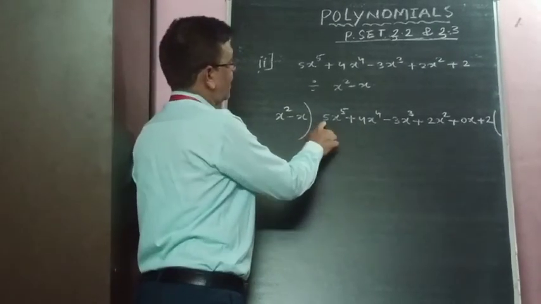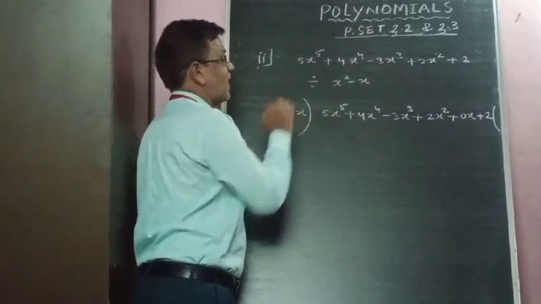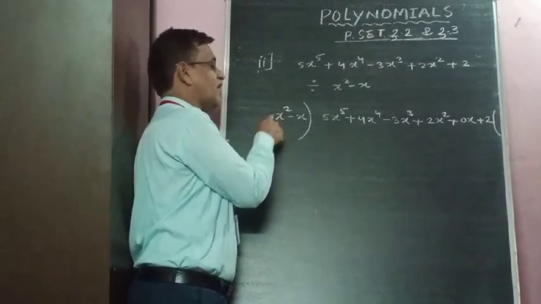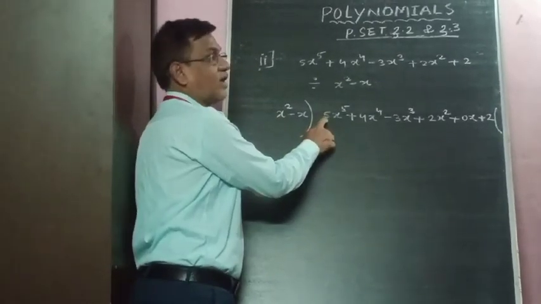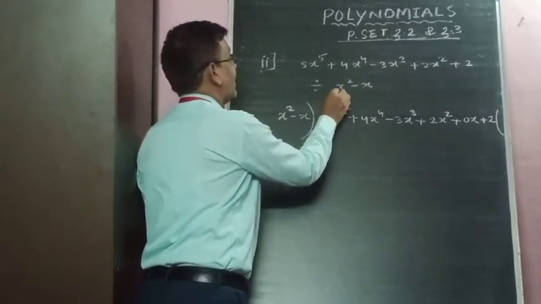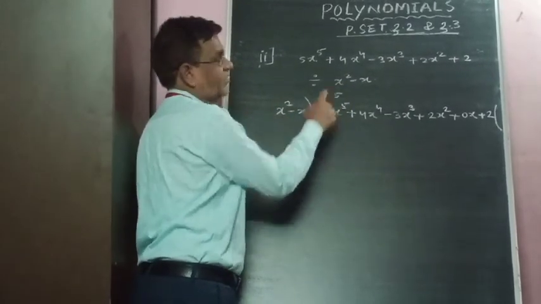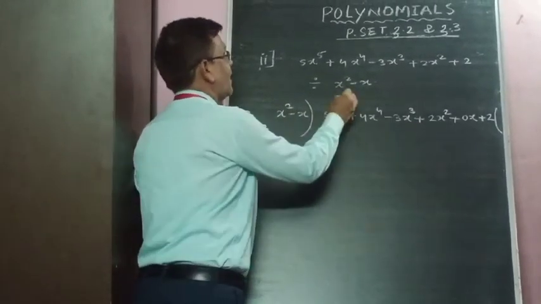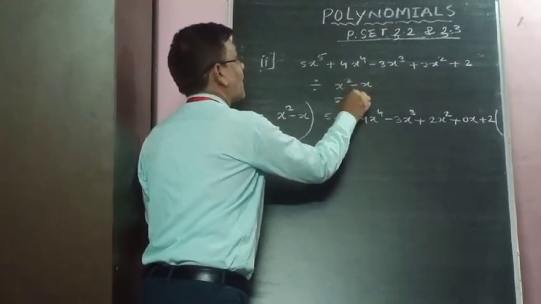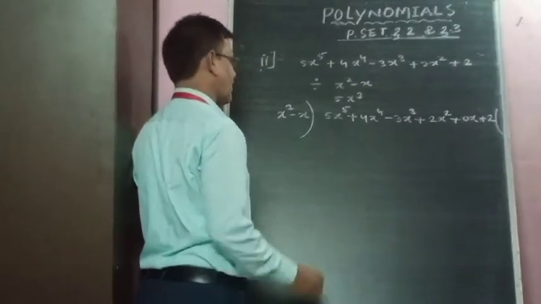First see, here you want 5x^5, but here only x^2 is there, so first you write 5 here. Then x^2 is there, you want x^5, so you have to add 3, x^3.